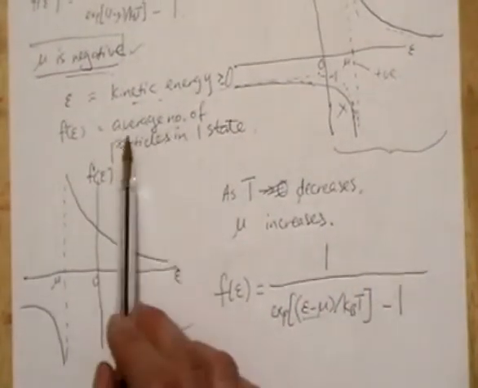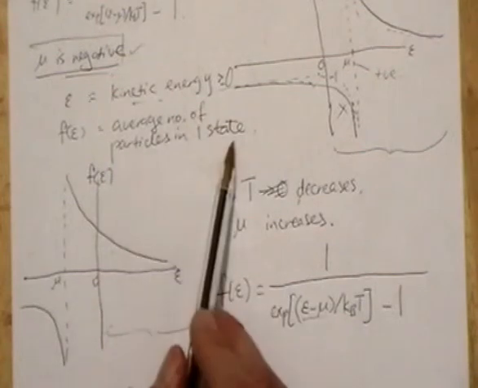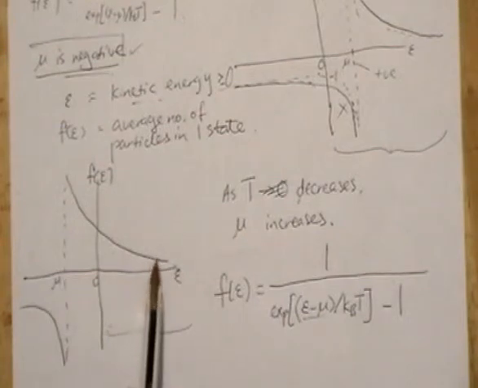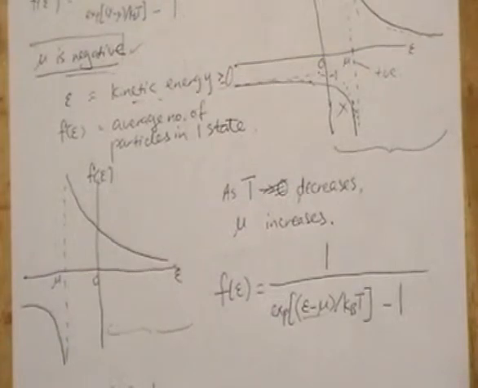It's the number of particles in one state. So this curve is a function of energy. So for states at any energy, it tells us the number of particles in that state.